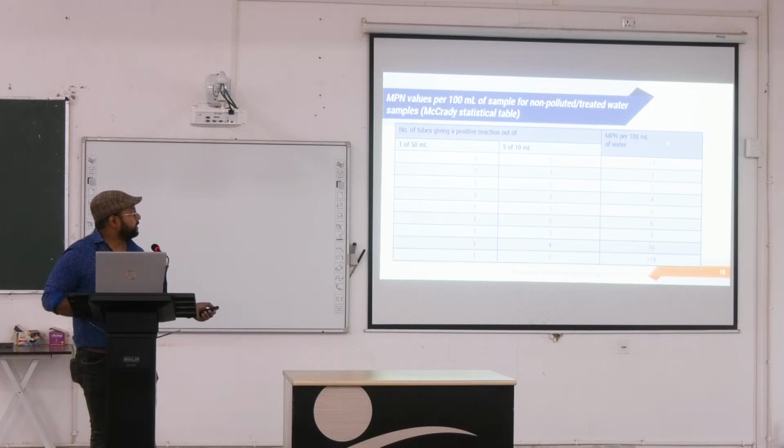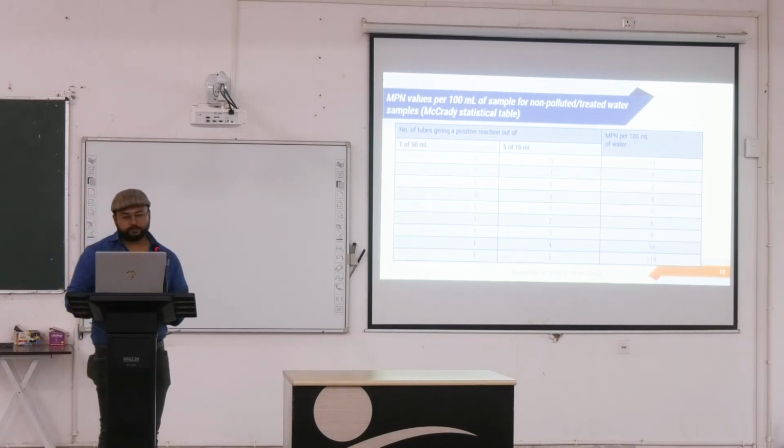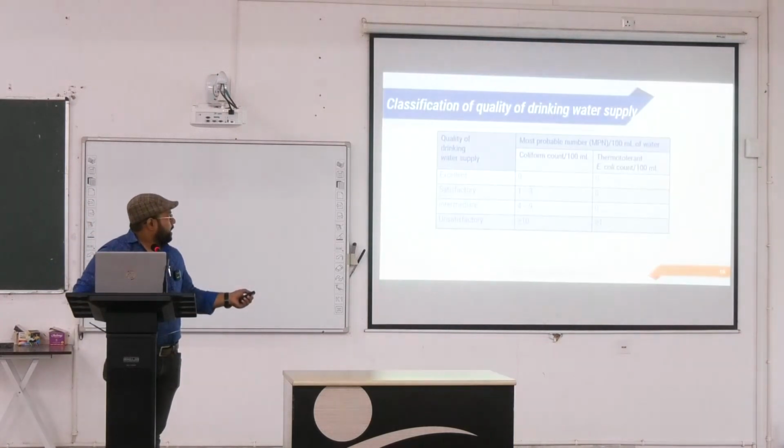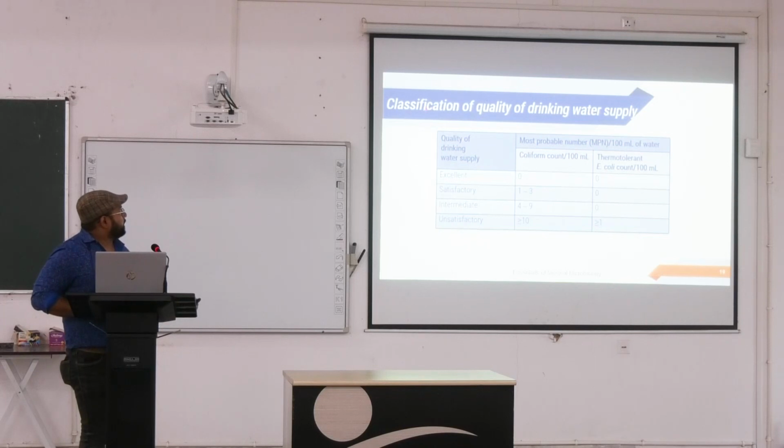So the highest is greater than 18 and the lowest is less than 1. By this number we can classify the quality of the drinking water supply. Excellent is a coliform count of 0, satisfactory is 1 to 3, intermediate is 4 to 9, and unsatisfactory is more than 10.